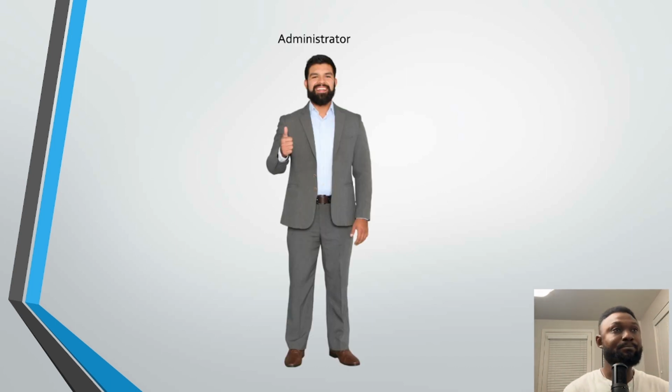So let's say we have this guy here. Let's say this guy is an administrator. When we hire this guy to be administrator, one, we can create a policy, right?